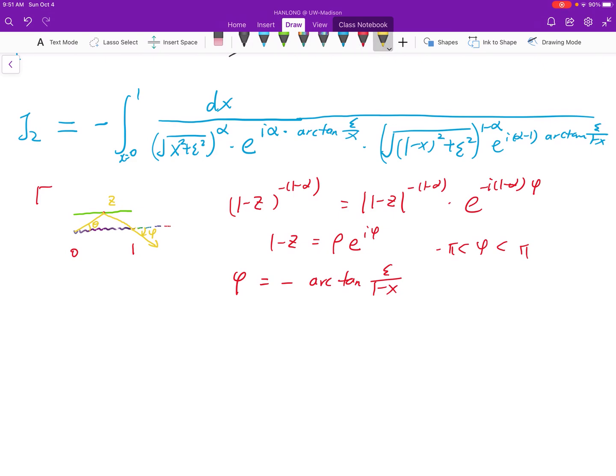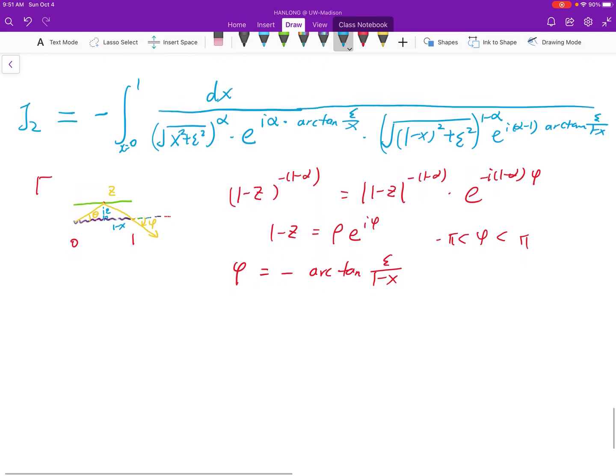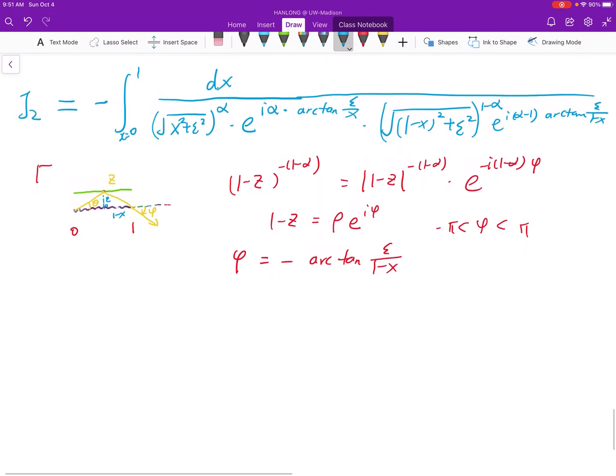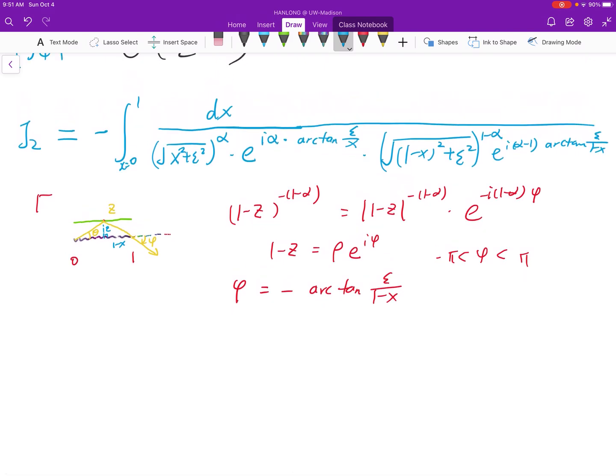So how to derive this? You draw a perpendicular line, so this will be 1 minus x, and the height is epsilon. So the angle is arctangent epsilon over 1 minus x. So phi is negative this. Probably I should write it in this way to indicate this fact.